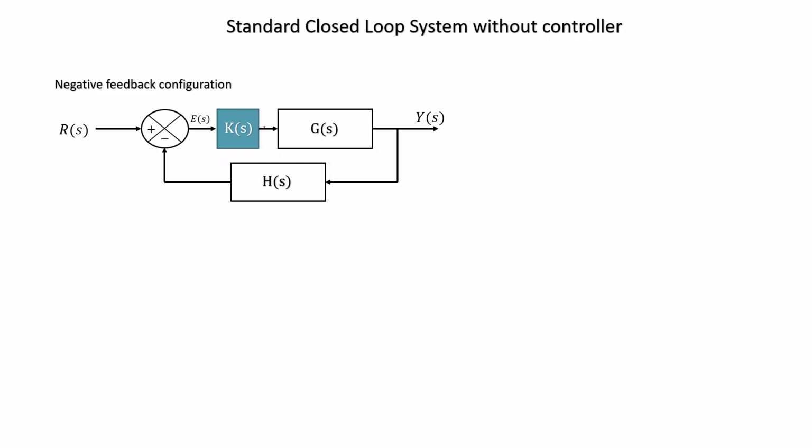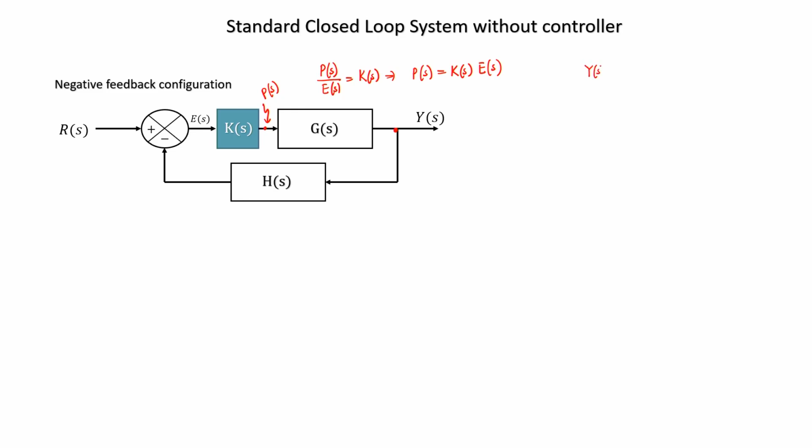And what is this? Let me just call the signal at this point, suppose Ps. Okay. So, then we know that Ps by Es must be equal to Ks, right. That has to be followed. So, that means Ps equal to Ks into Es. Okay. Now, what is Ys again?